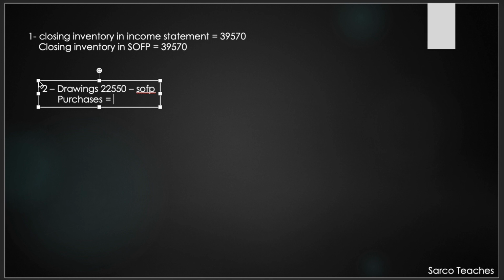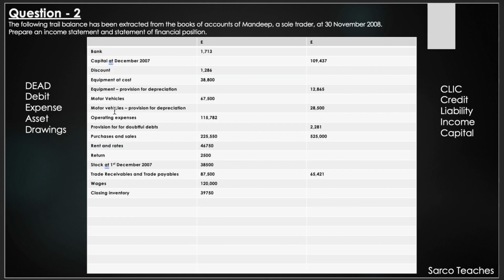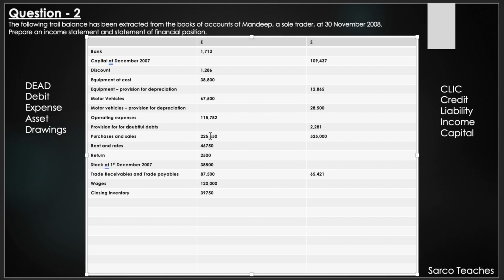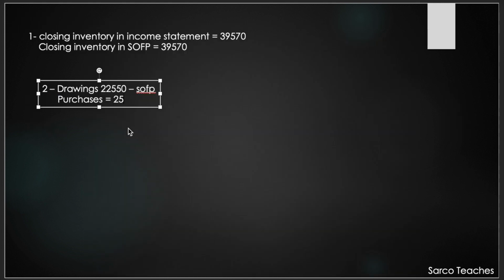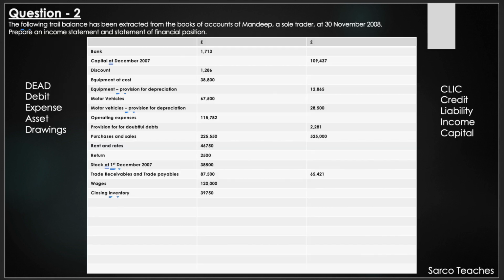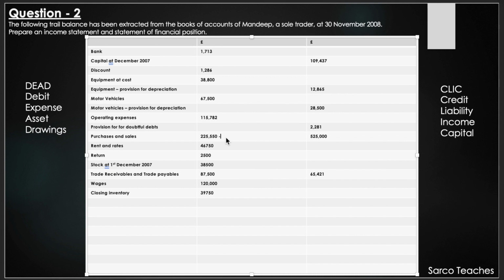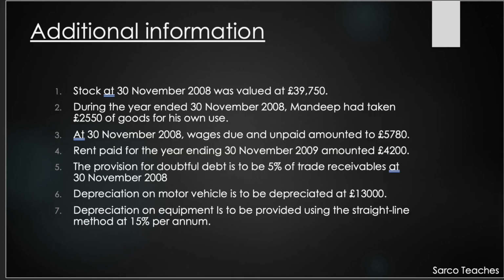You will get the purchase figure by going back to your trial balance, and then it says purchase and sales, and we know that purchases are an expense, and the debit click tells us that expenses are on the debit side, on the left side. So we can simply look at the left side and see the value. I will also be putting this into the trial balance, so when I'm transferring the figures, I will be transferring the new figure.